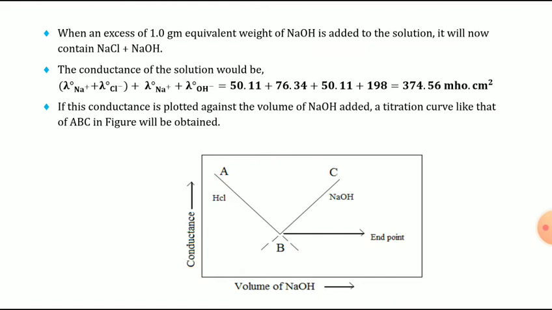Because Na plus and OH minus also conduct the electrical current. Obviously the conductance of the solution goes on increasing. That means we will get a V-shaped graph at the end. So this is the principle of conductometric titration. This is the graph of that conductometric titration, the V-shaped graph.